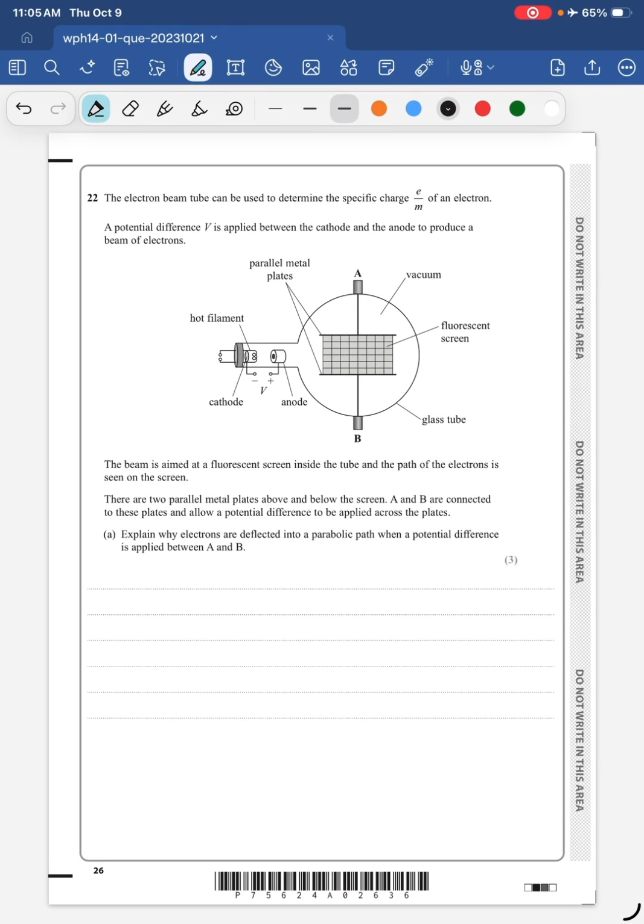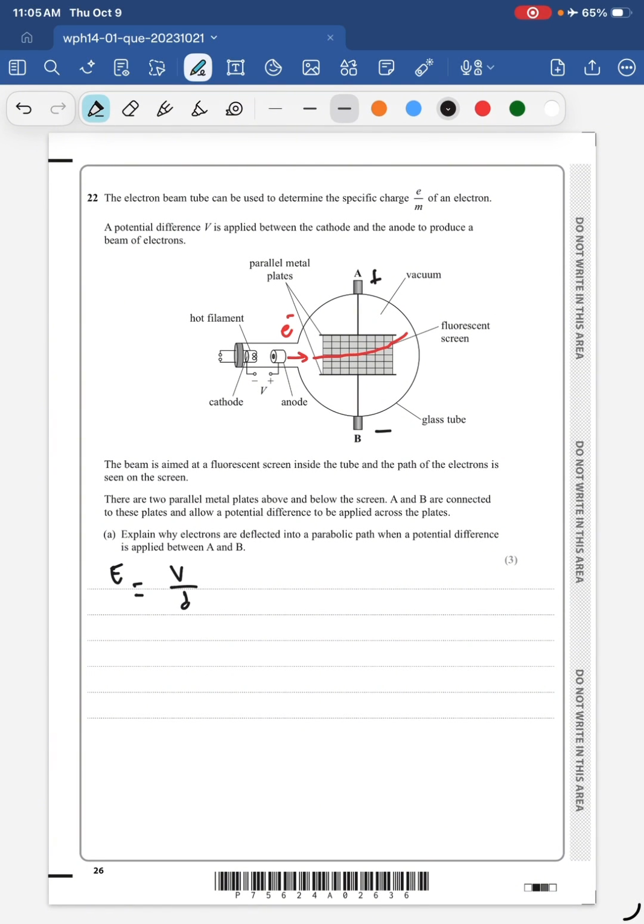And the reason is because they get attracted, I guess, right? So how do we answer this? Let's say that this is a plus and this is a minus. You will have electrons exiting the anode there, so therefore they're going to be moving like that in a parabolic path. And the reason is that if you have a voltage across A and B, then you will have an electric field equal to V over d generated between the plates.